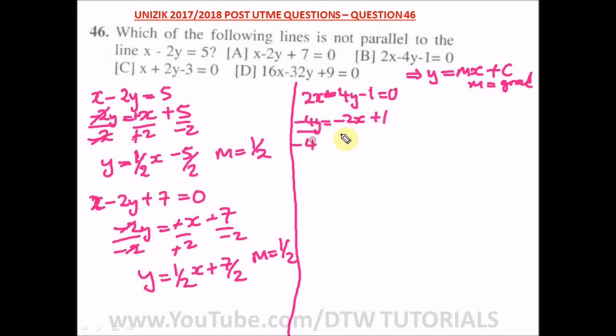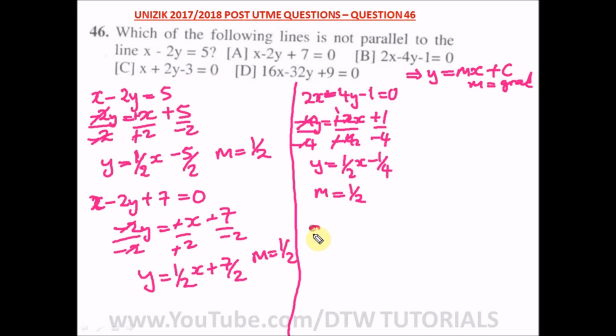Divide both sides by minus 4. This will cancel out, we're left with y. And 2 here, 2 here, so we're left with 1 over 2x minus 1 over 4. And our gradient here is still 1 over 2.